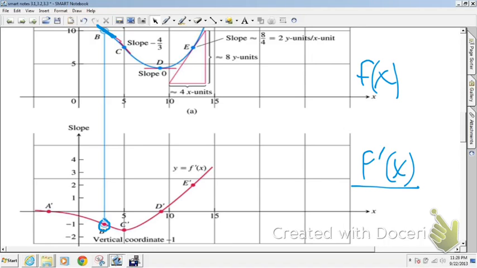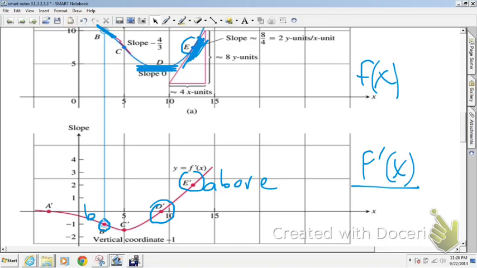Hold that thought. Notice here on the original, the slope of the tangent line at point D is 0. Notice D prime is right on the x-axis. And notice here at point E, the slope of the tangent line is very steep positive. Notice that E prime lives above the x-axis.